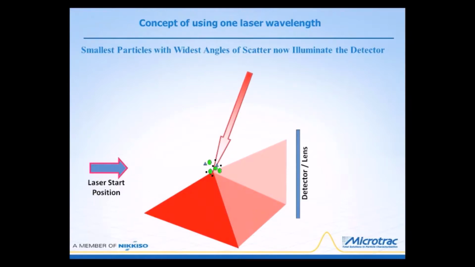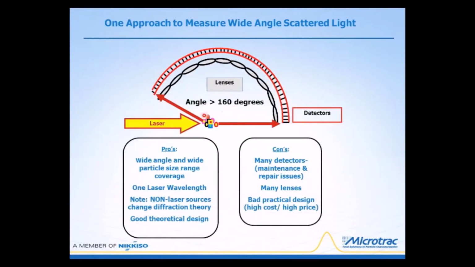So we looked at using a single laser illuminating the particles, but the first thought was to have a series of detectors that would ring the entire system out to 163 degrees. That's an awful lot of detectors. As well, we would have a series of lenses to focus the light. A multitude of lenses, since this is an optical system, presents certain issues.